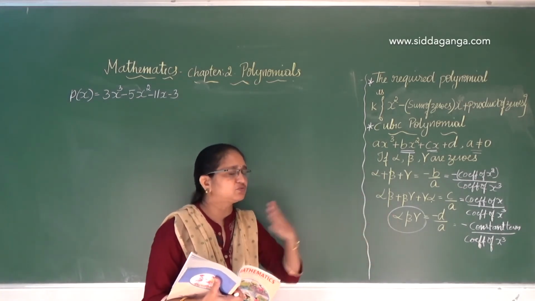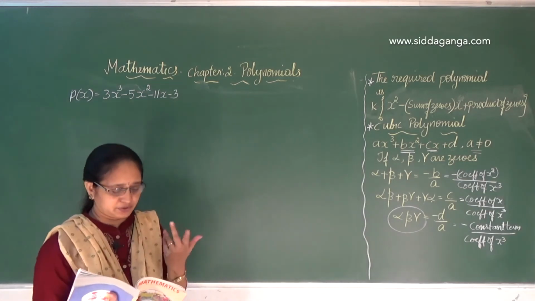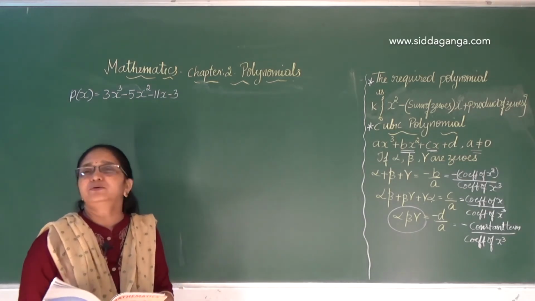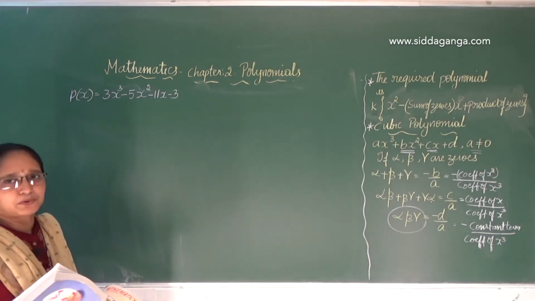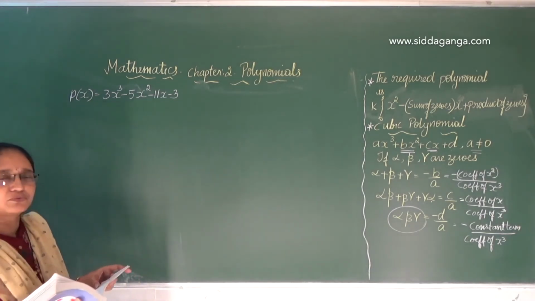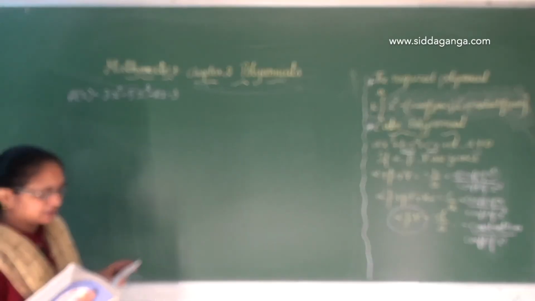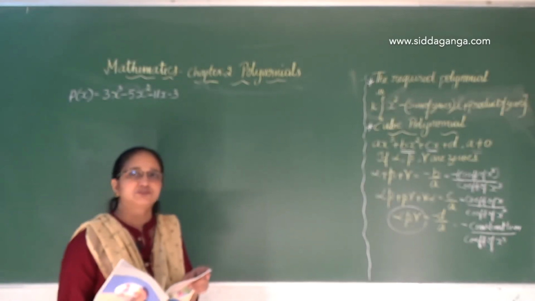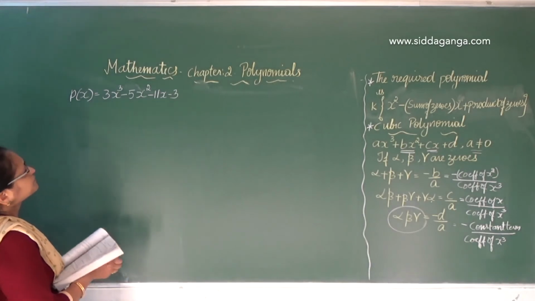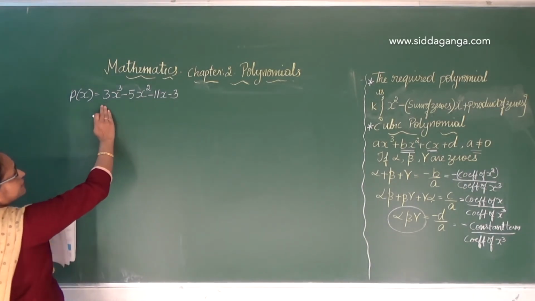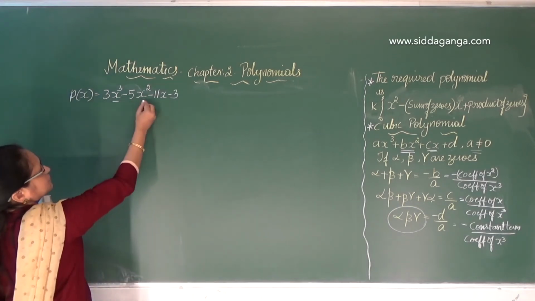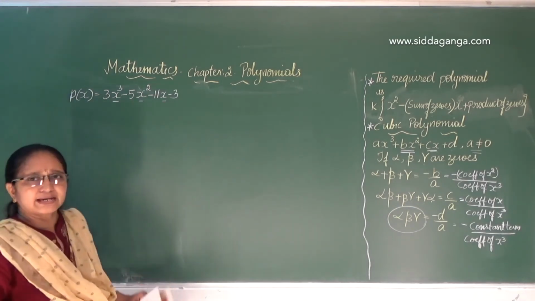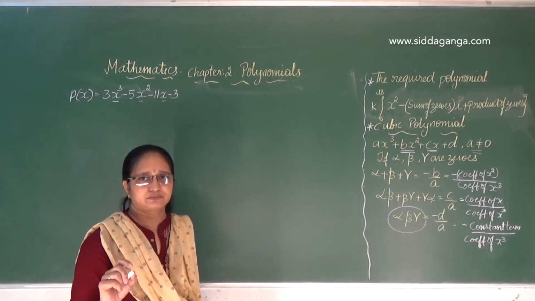So first, how will you find out whether it is a zero of the polynomial? Already you know, if it is a zero of the polynomial, then when you substitute that zero in the variable, you will get the value 0.